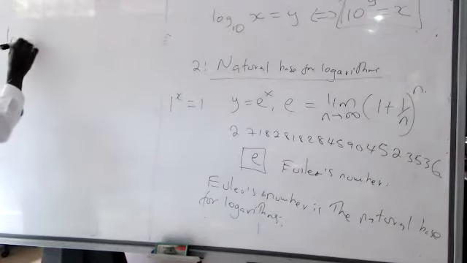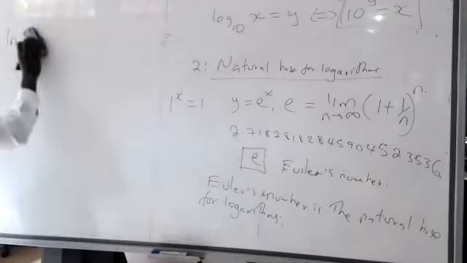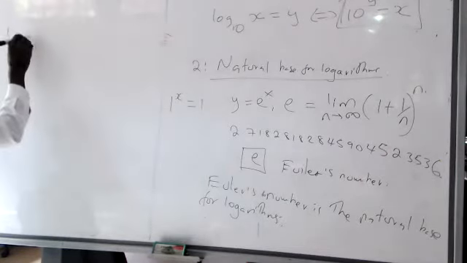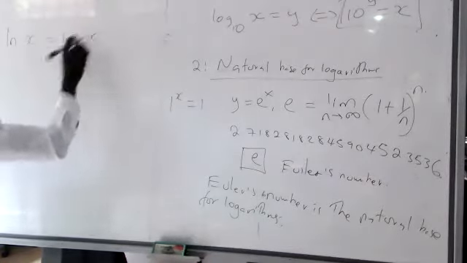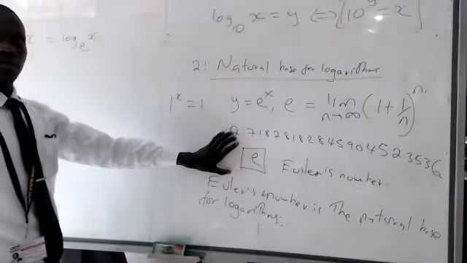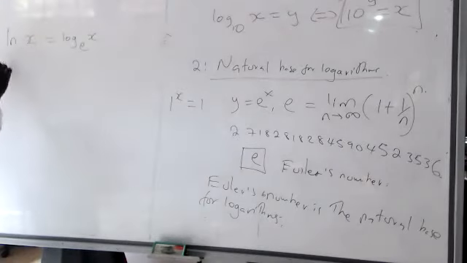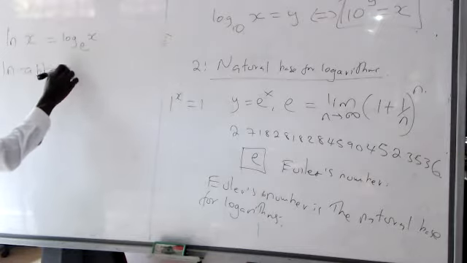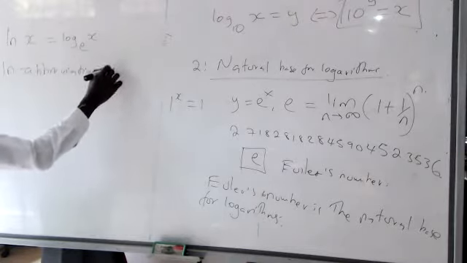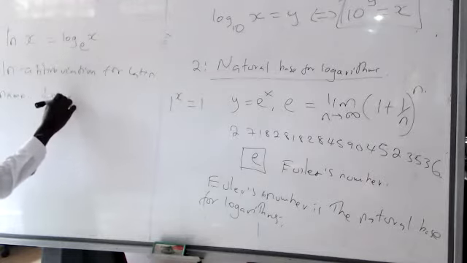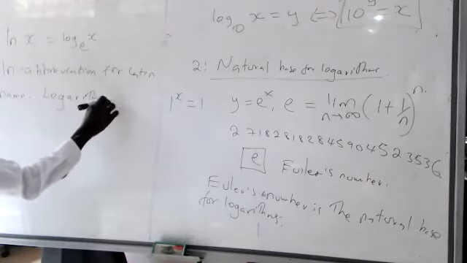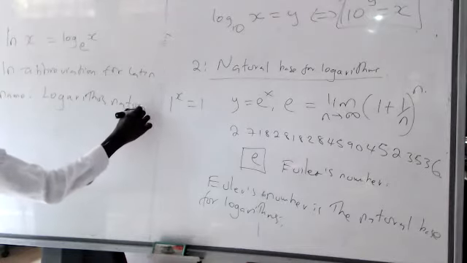So when you see ln of x, this is simply the logarithm to the base e of x, where e is this number. ln is an abbreviation for a Latin name, Logarithmus Naturalis.